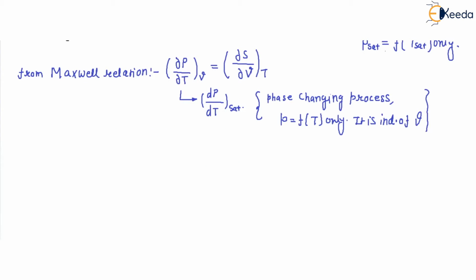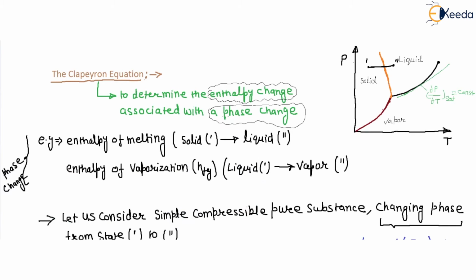So we can write it like that. So what is this? Dou P over dou T at saturation is dP over dT at saturation. That means this is the slope.